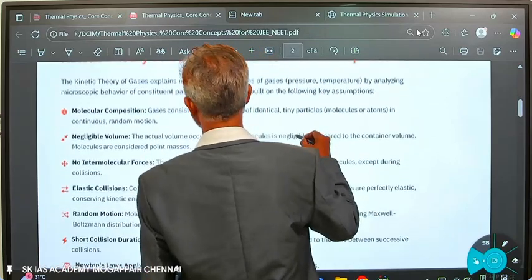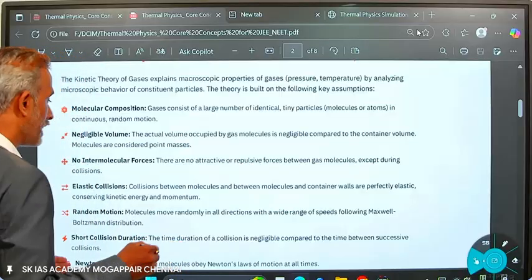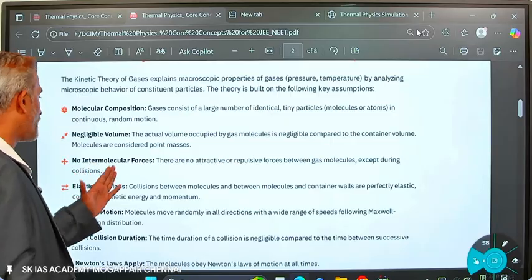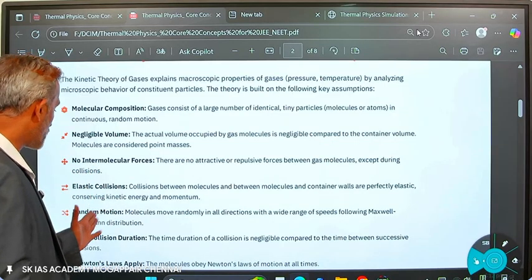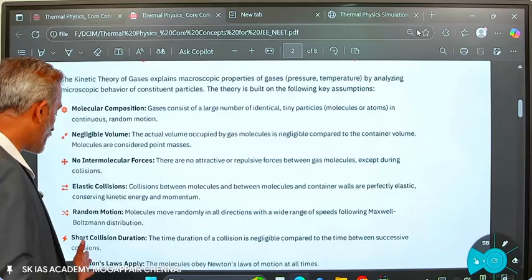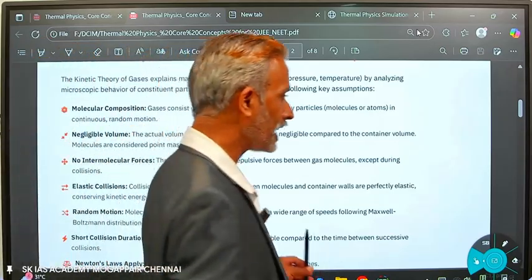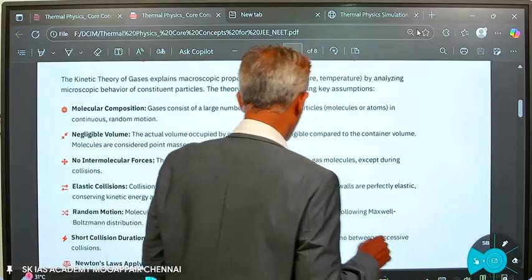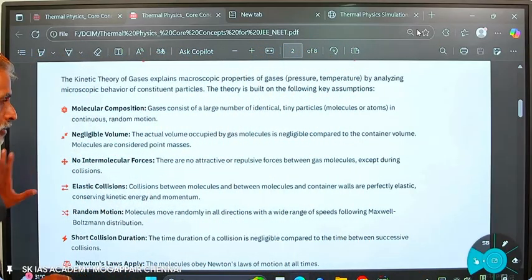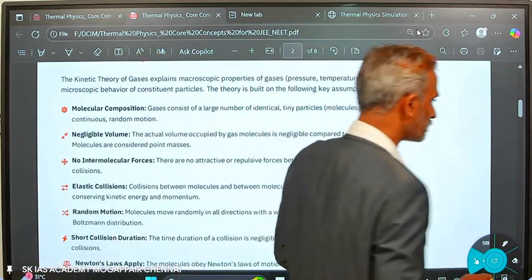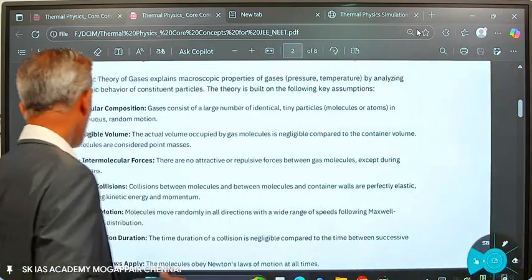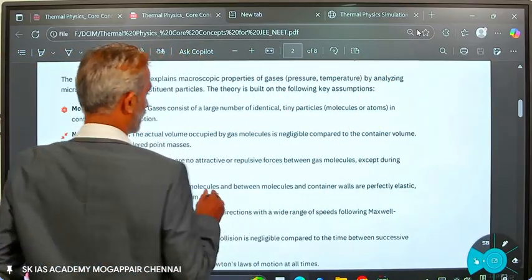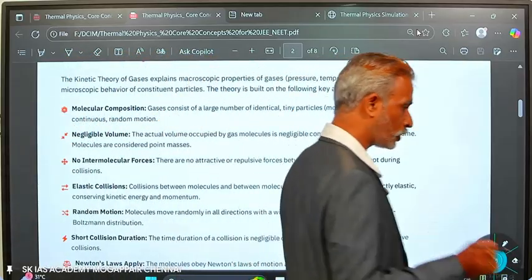In that kinetic theory of the gas, I have explained concepts like molecular composition, negligible volume, no intermolecular forces, elastic collision, random motion, short collision duration, Newton's law applies. This is the theoretical section. All of you who joined just now, go through this. You can take the notes, or I will send them to you, or take screenshots. That is easy. But the kinetic theory of the gases, I have just gone through live.